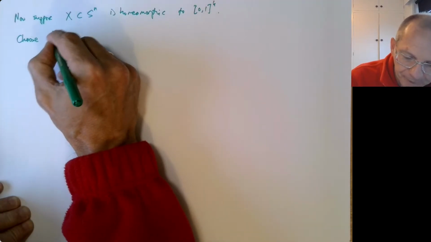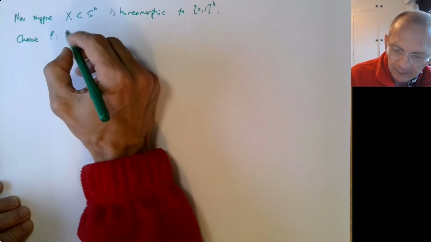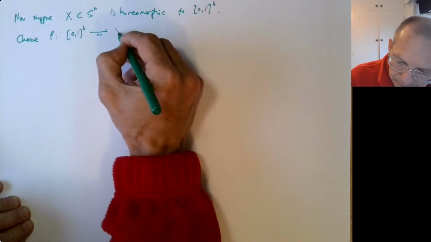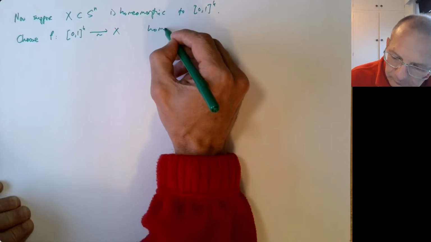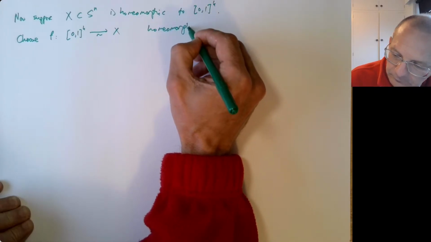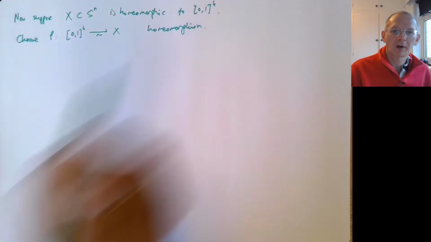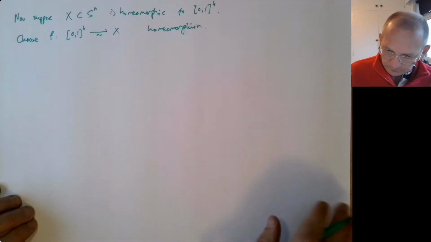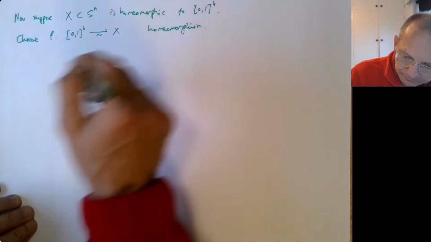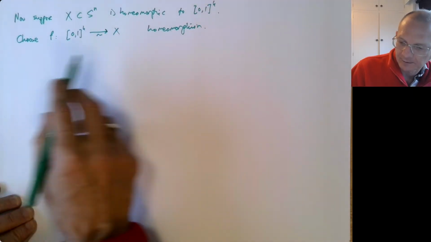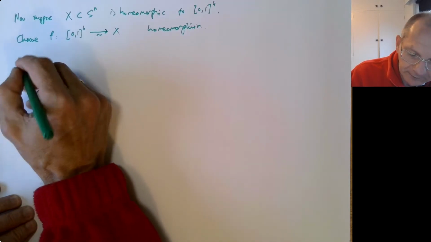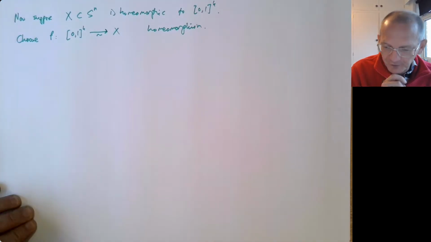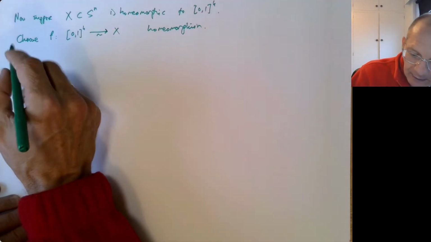So we're going to choose some f, choose a homeomorphism like that. And so we want to prove that S^n with X removed is acyclic.